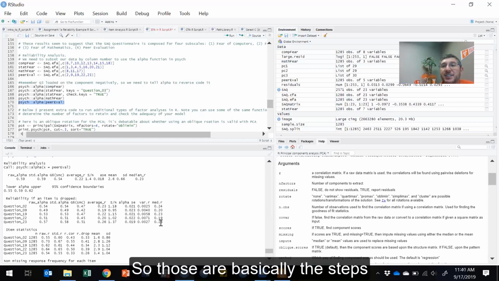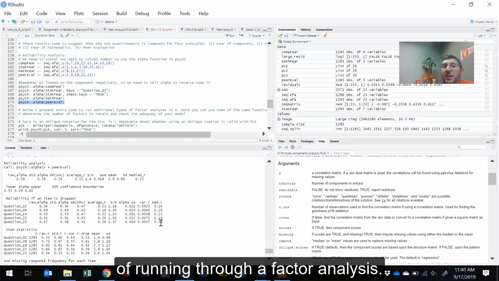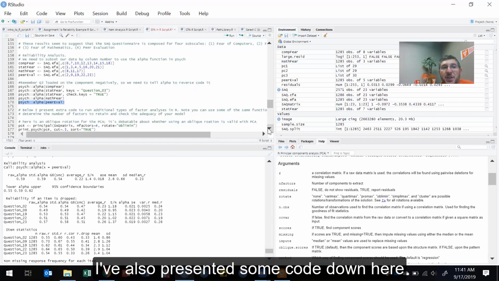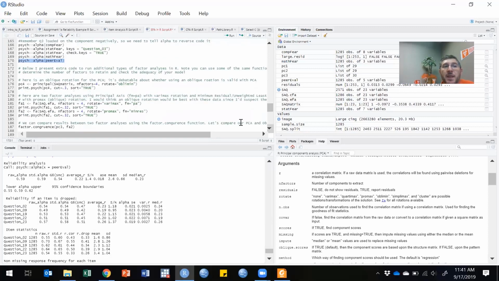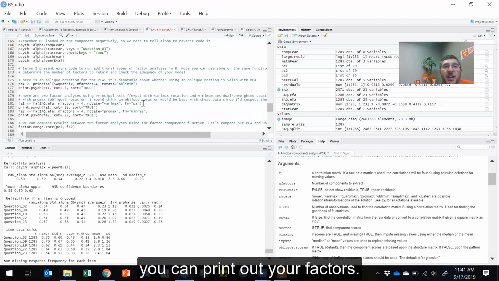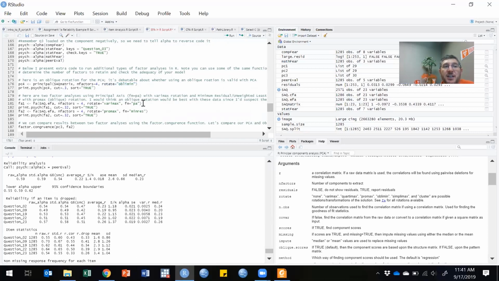So those are basically the steps of running through a factor analysis. I've also presented some code down here. If you wanted to use an oblique rotation, you can print out your factors.